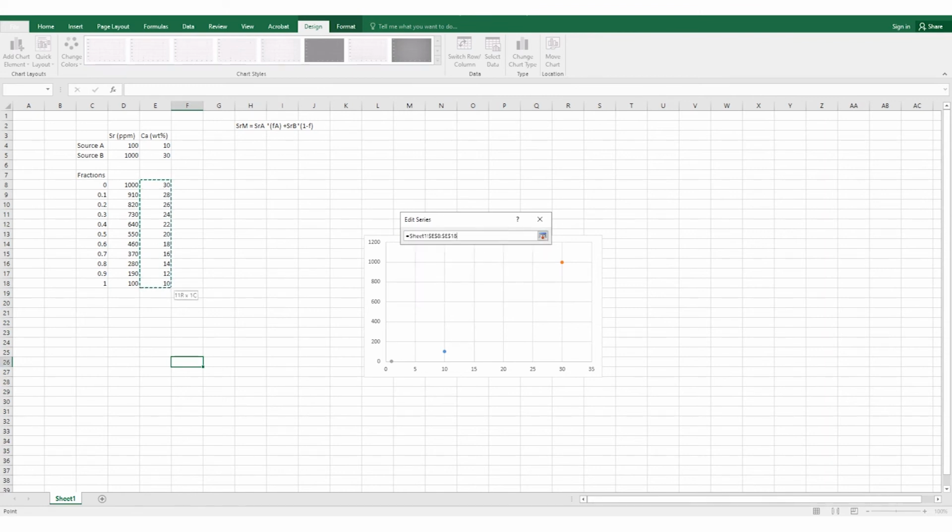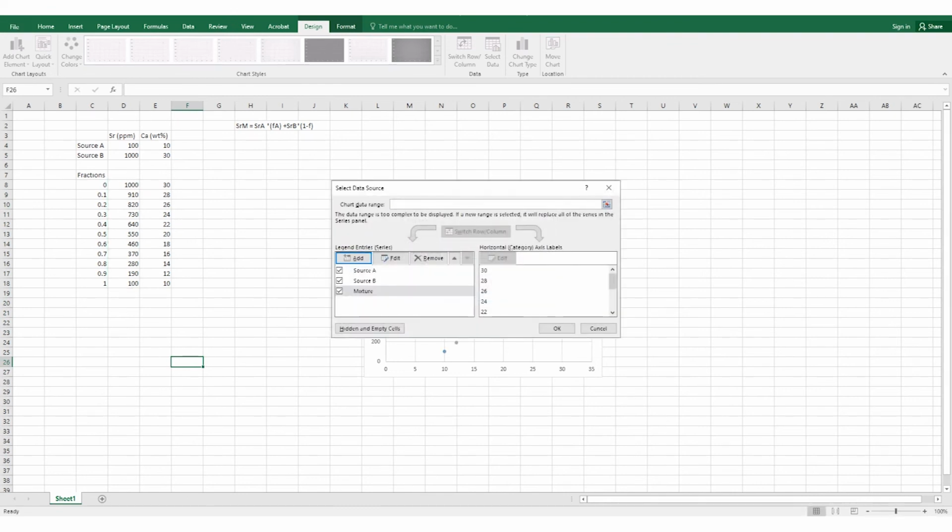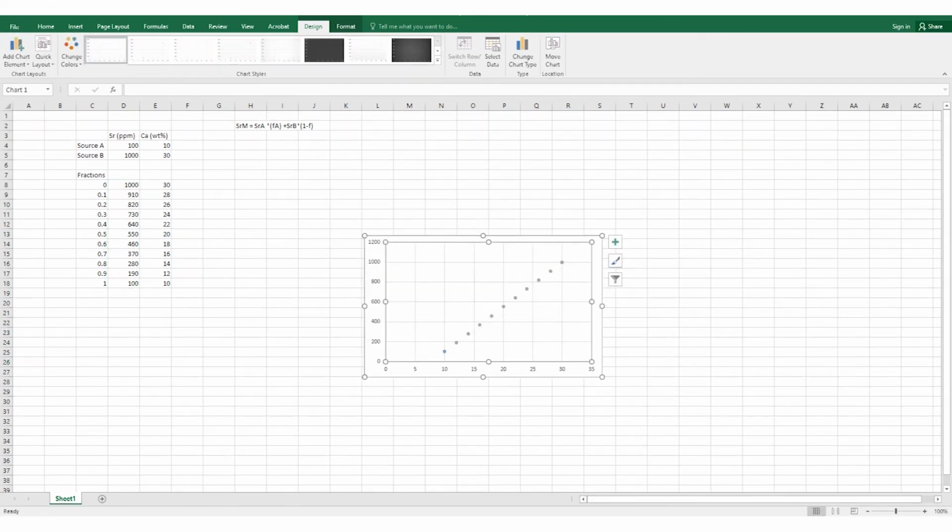These are the X values and these are the Y values. They will follow a straight line, which is what we understood.